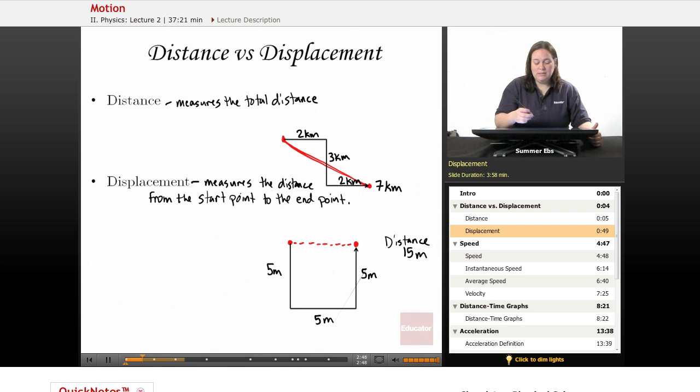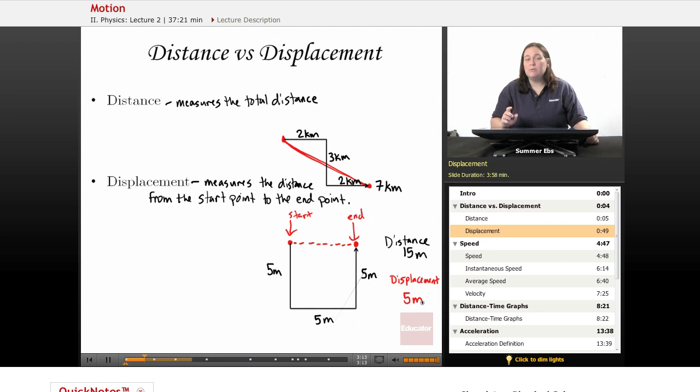However, the displacement from the start to the finish, the end point, you draw that a straight line across, that displacement will be 5 meters. We're assuming this turtle walked in a perfect square, went 5, 5, 5, so that last one across has to also be 5 meters.